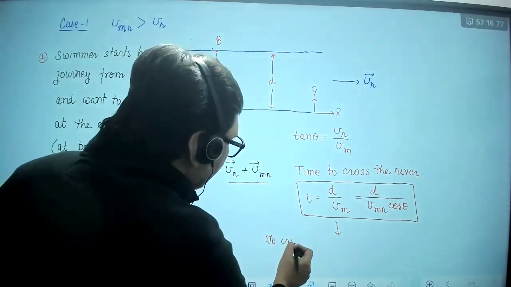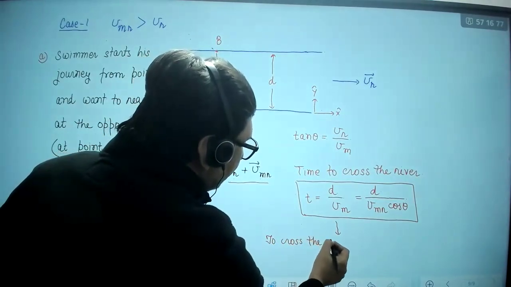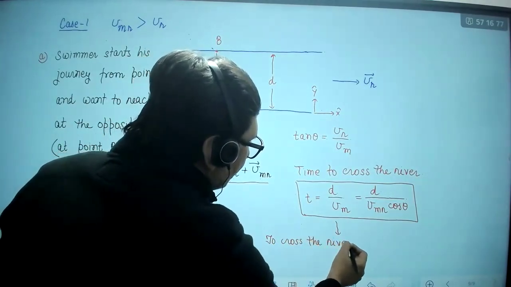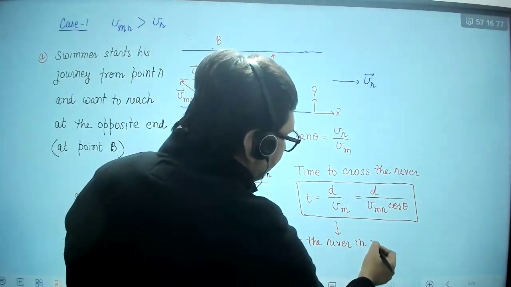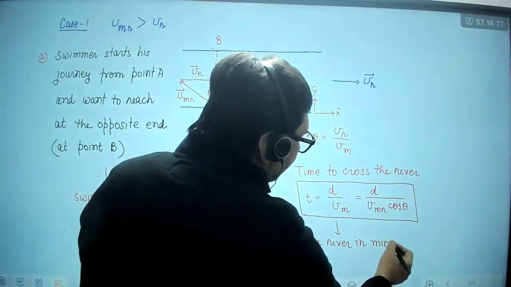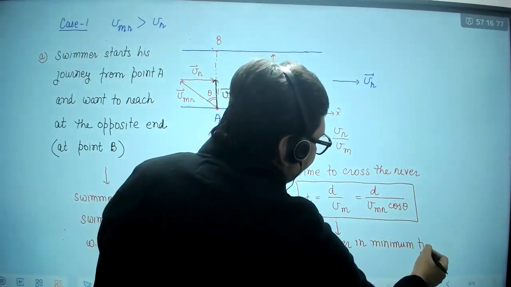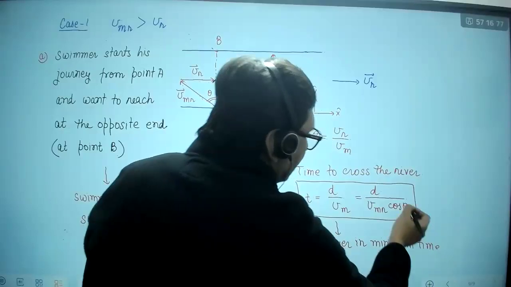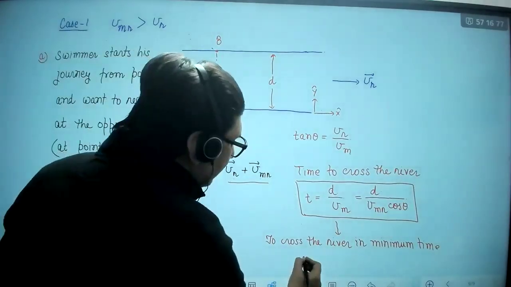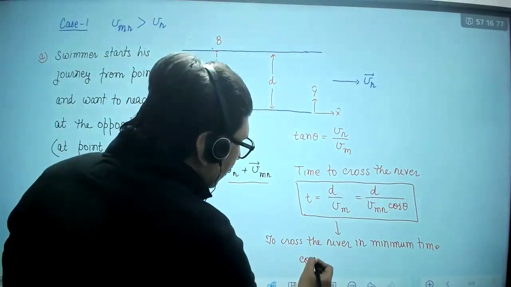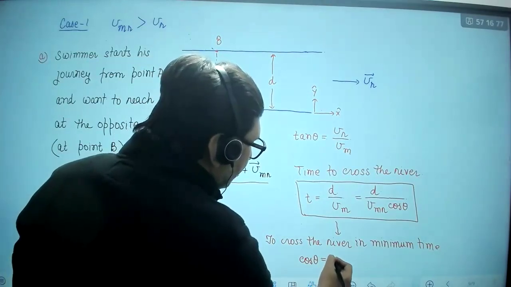To cross the river in minimum time, because cos theta is in the denominator, it should be maximum.